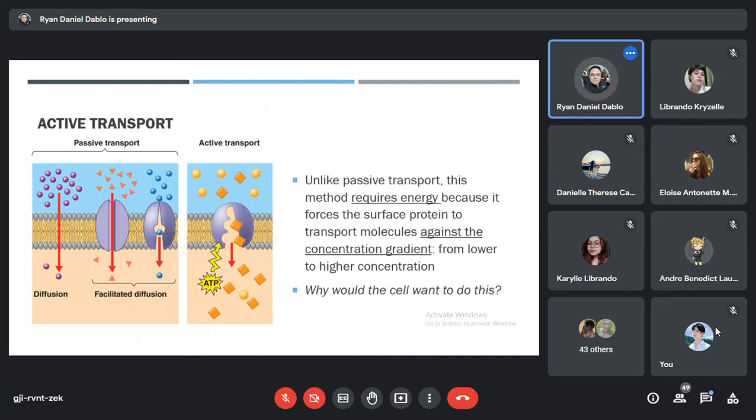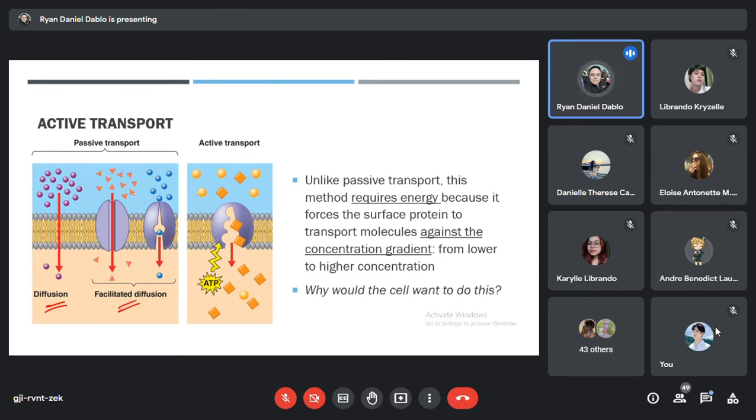The first type is just active transport. This is the picture I'm referring to. You have here a comparison between diffusion, right? The circular purple molecules are moving into the space in which there's less of them. You also have facilitated diffusion.